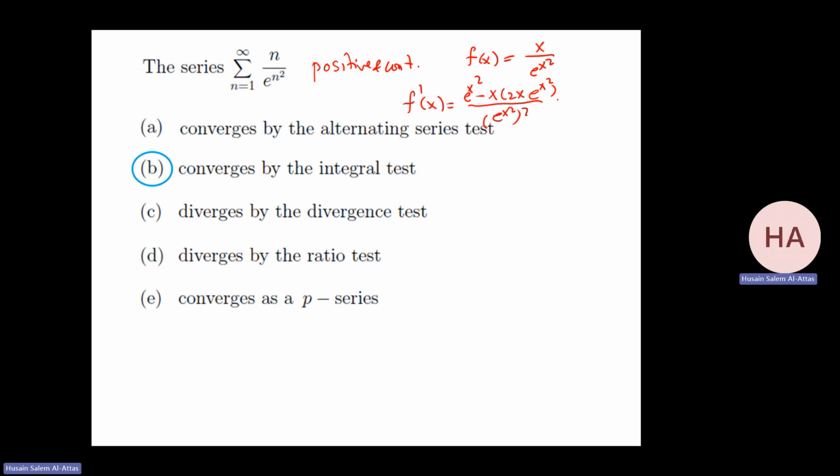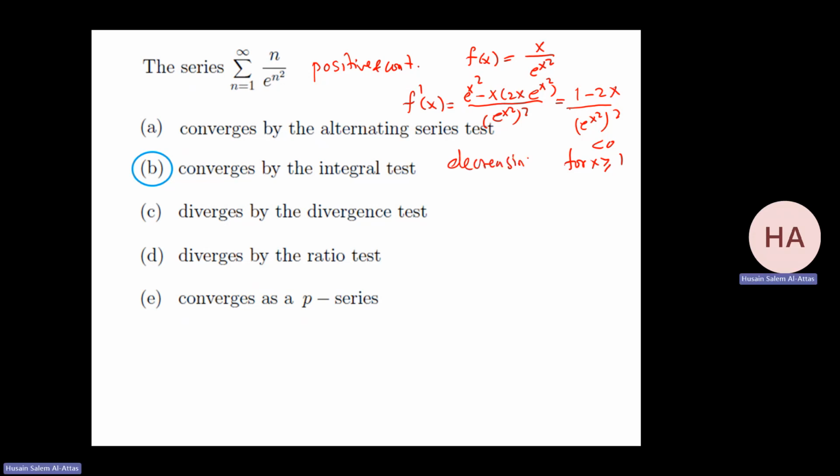So I can take e to the x squared as a common factor and cancel it with the denominator. So you have 1 minus 2x squared over this. And this is negative for x greater than or equal to 1. Very clear, this will be negative. Okay, so decreasing.